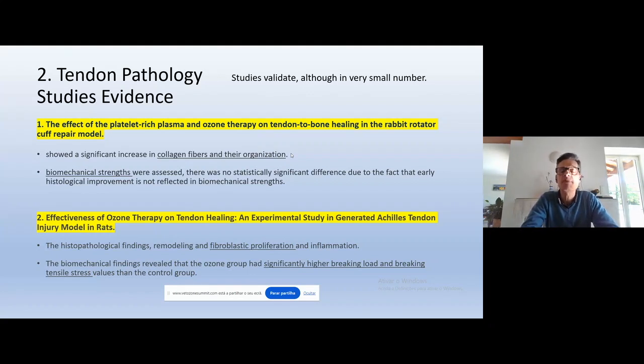The second study is very interesting because it's a study not with PRP or ozone in the tendon, but with rectal infiltration.